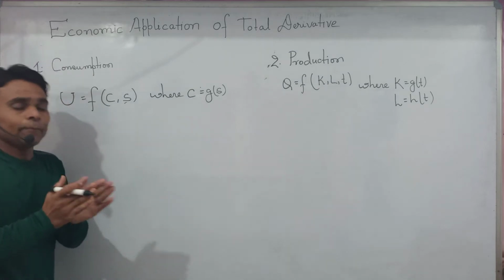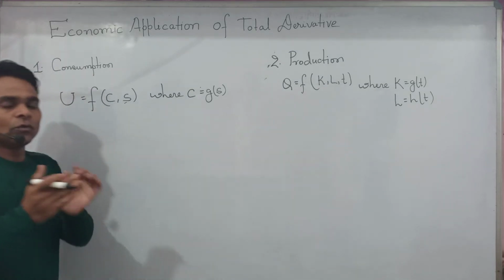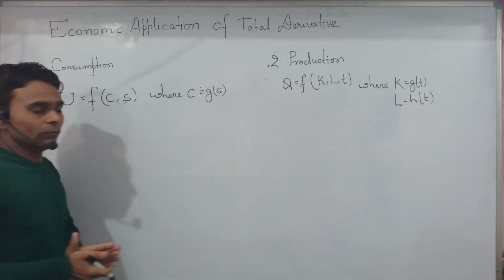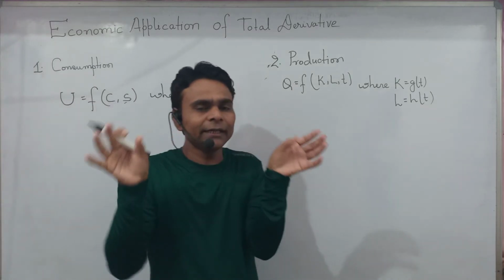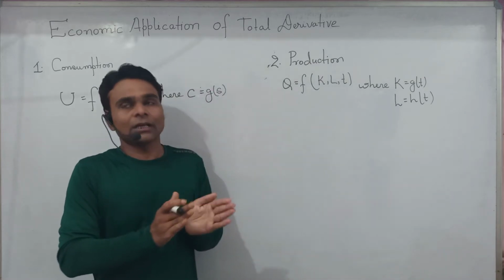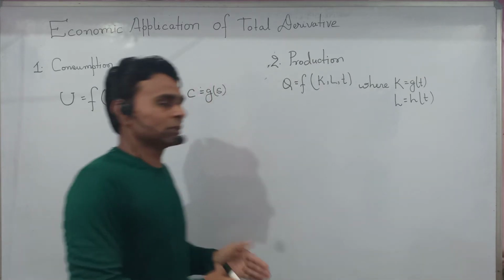That means the amount of sugar consumed and the amount of coffee consumed show a complementary relationship. Complementary goods are used in fixed proportion.